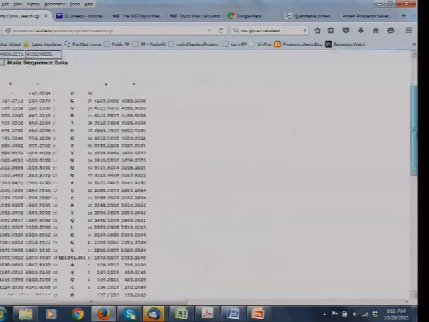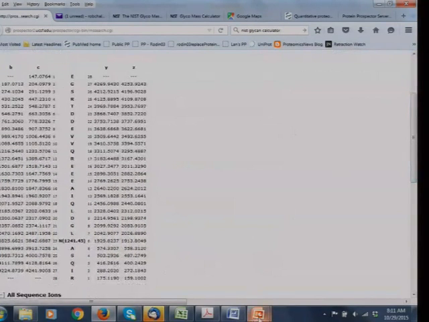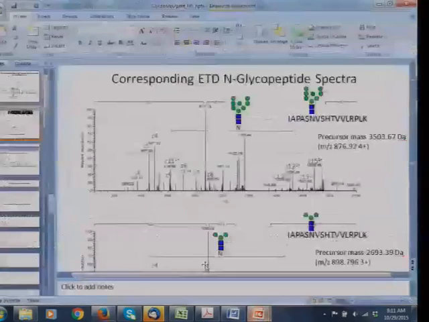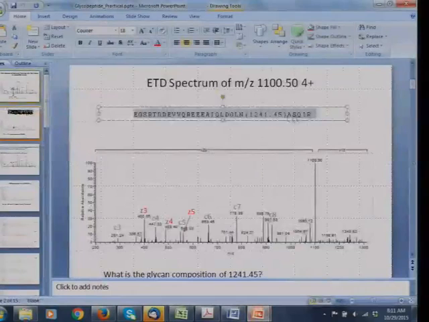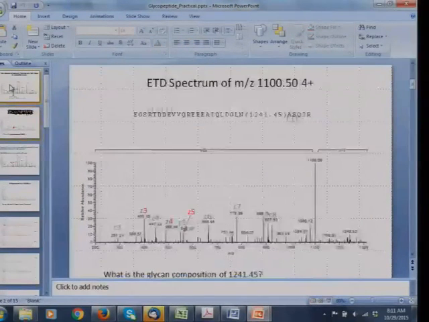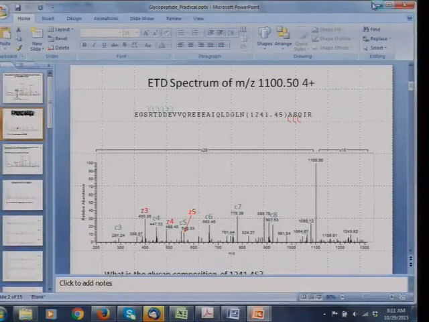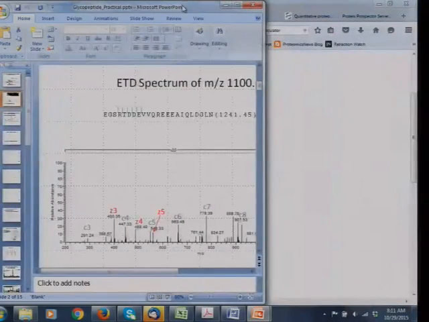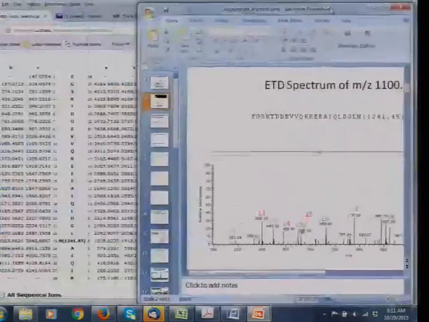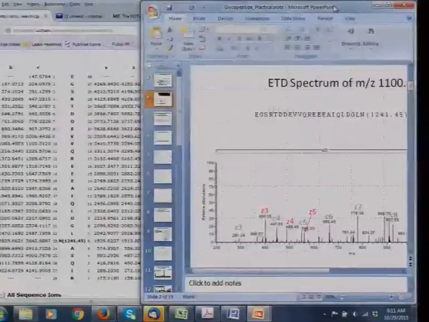So if I pull up the spectrum I had at the start, the screen's not really big enough. Just about.